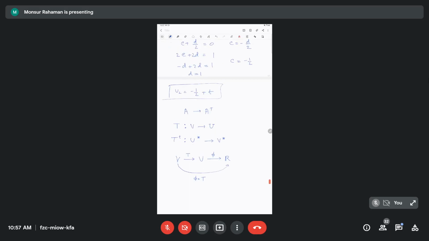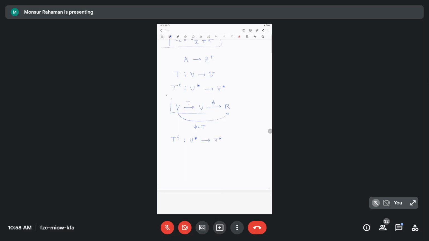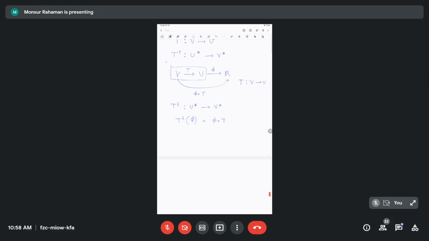Now we're going to define T transpose from U star to V star. Previously T is a linear transformation from V to U. So for T transpose, any function, suppose phi from U to R, is defined as phi composed with T. Why?